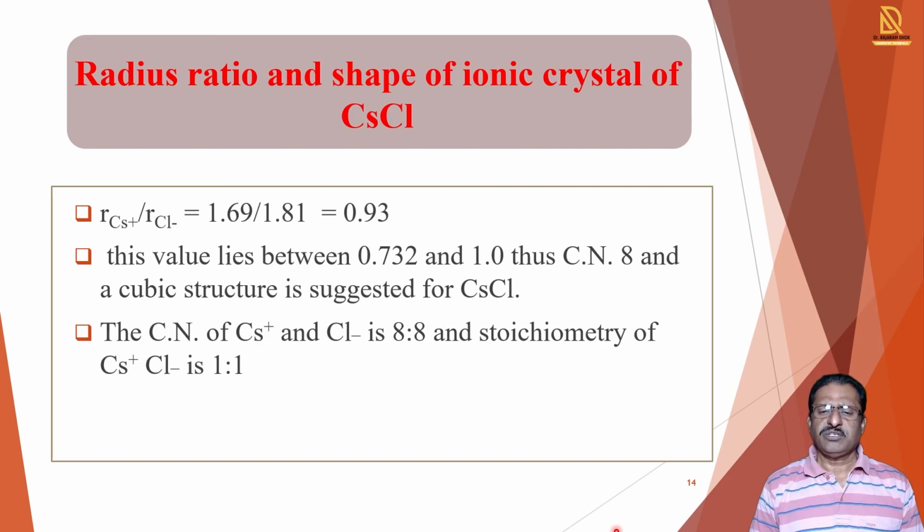So such a type of structure is suitable for CsCl. CsCl has a cubic structure because its coordination number is 8 and its radius ratio is in the range of 0.73 to 1. In this case, the ratio of cation to anion is also about 1. So from this radius ratio of an ionic solid, we can suggest the shape of that molecule.